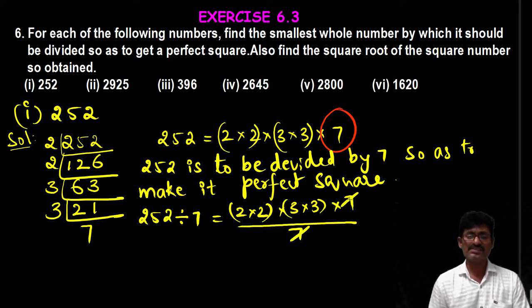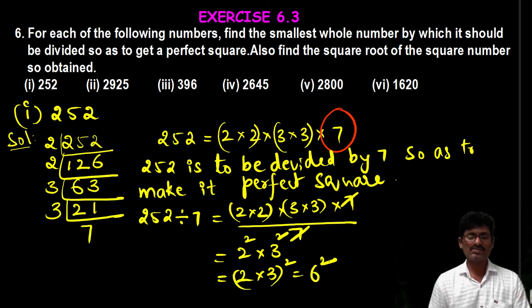So 7 and 7 get cancelled. This is equal to 2 square into 3 square, so this is equal to 2 into 3 whole square, which is equal to 6 square.